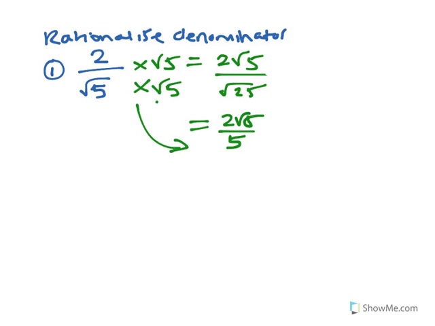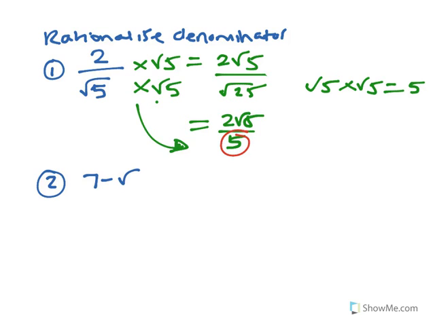You're welcome to go straight to there: if you times the surd by itself, you just get what's underneath the surd, which is 5, a rational number. So now you notice the denominator is rational because it's 5, it's got no surds.